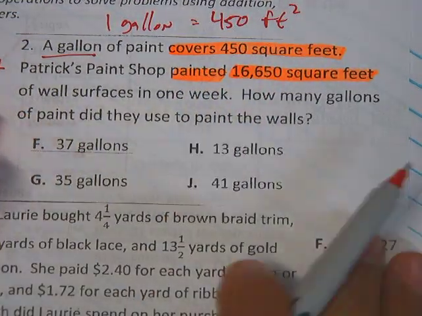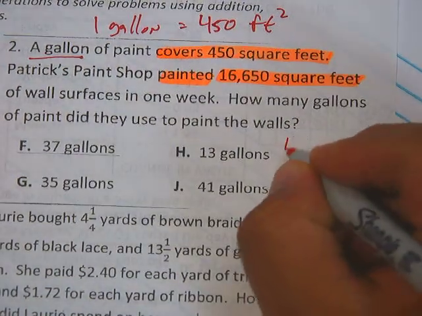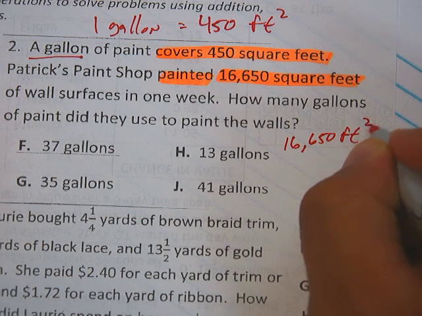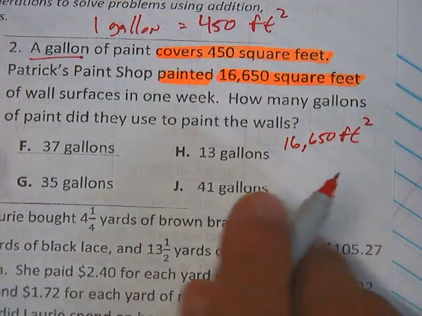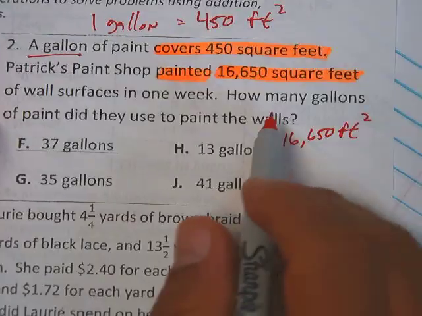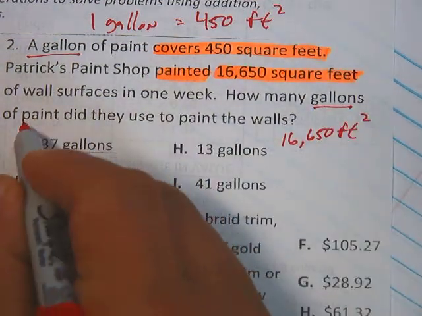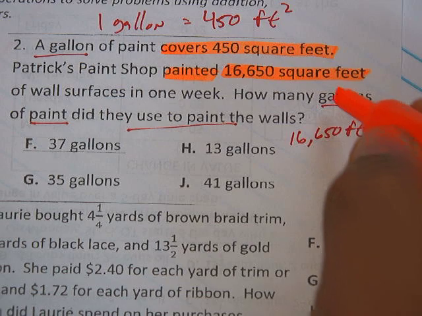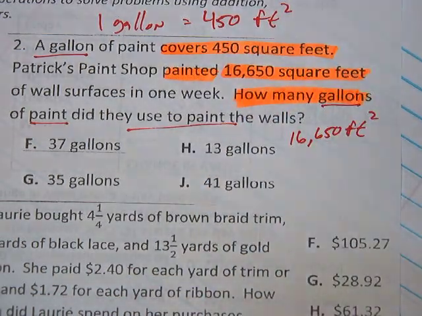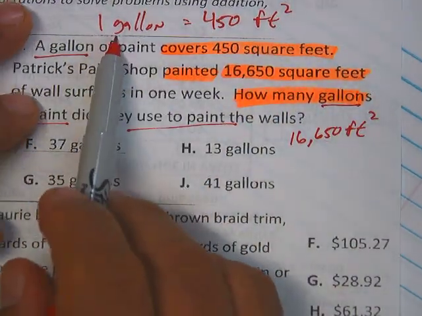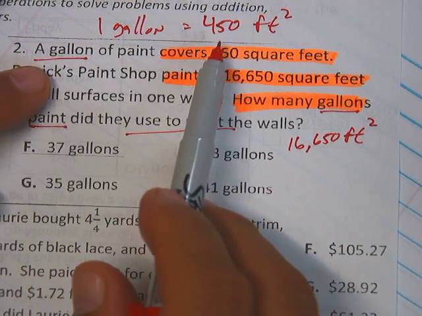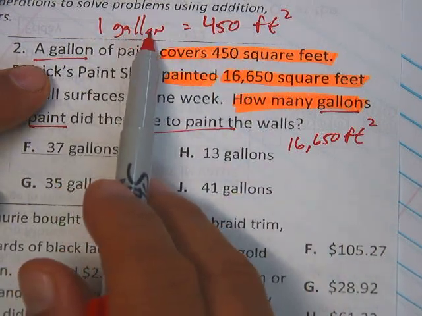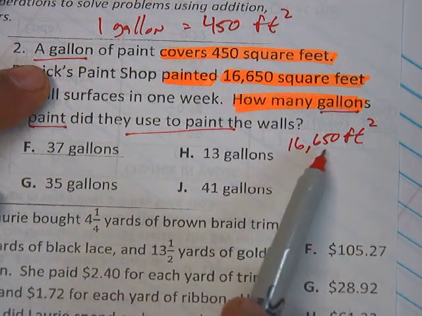Patrick's paint shop painted 16,650 square feet. So they painted 16,650 square feet. It says how many gallons of paint did they use to paint the walls? So how many gallons? You know 1 gallon covers 450 square feet.